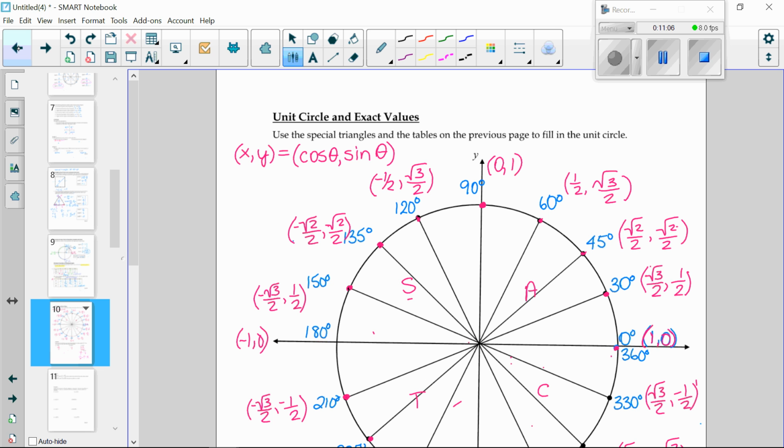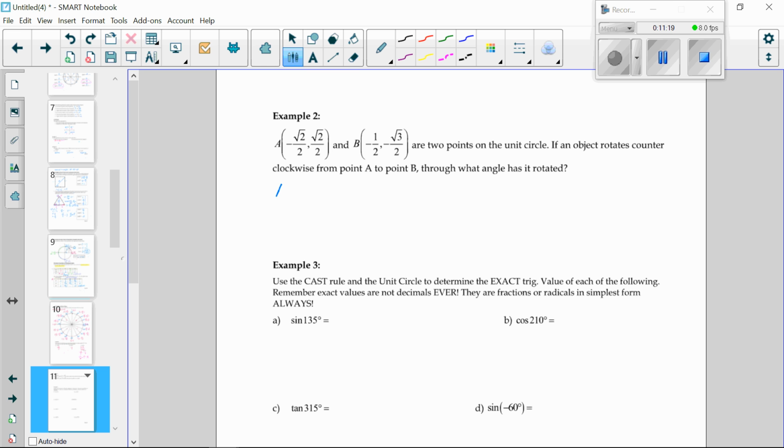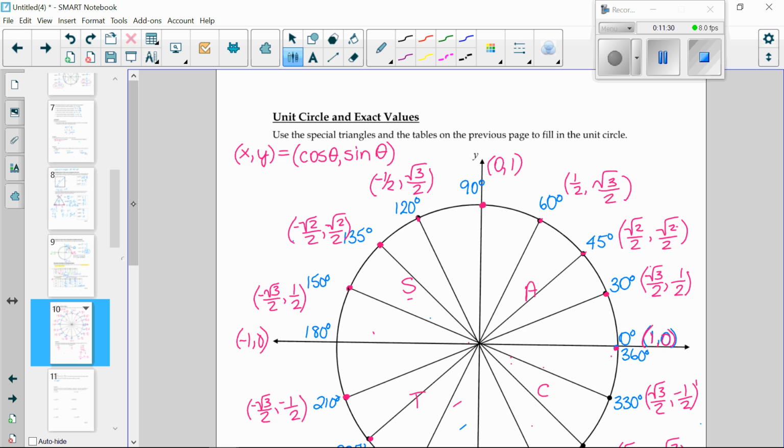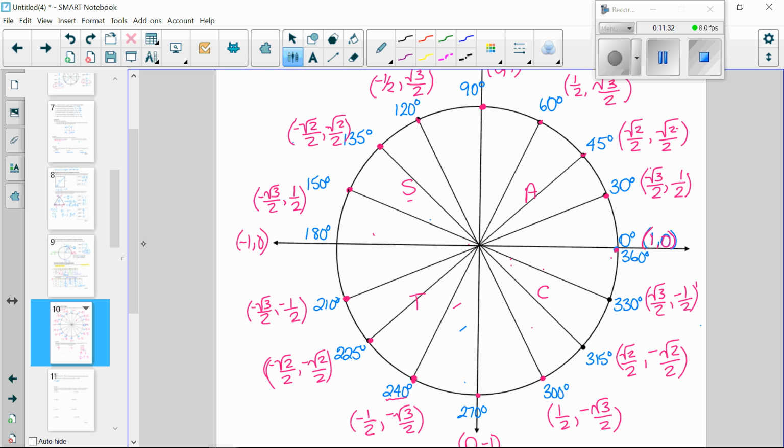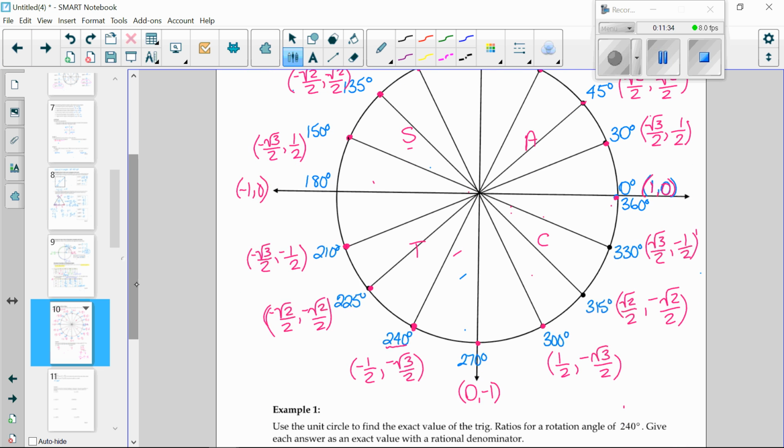So we want to find point A, which is at negative root 2 over 2 and root 2 over 2. So that means that it is 135 degrees. So point A is at 135 degrees. Point B is at negative 1 over 2 and negative root 3 over 2.